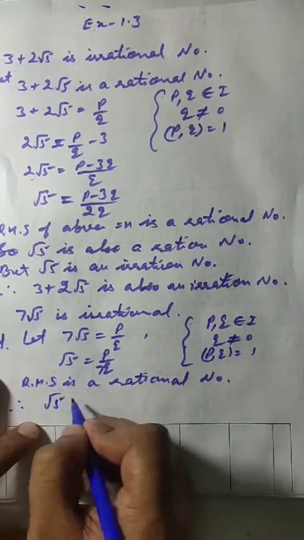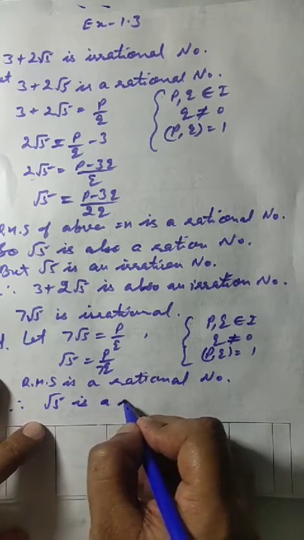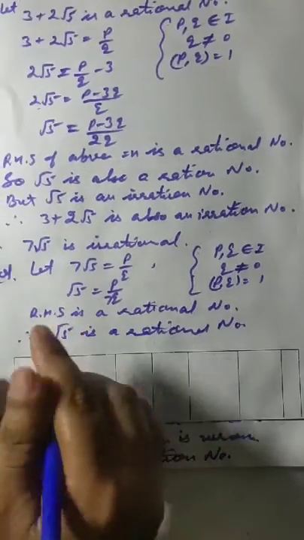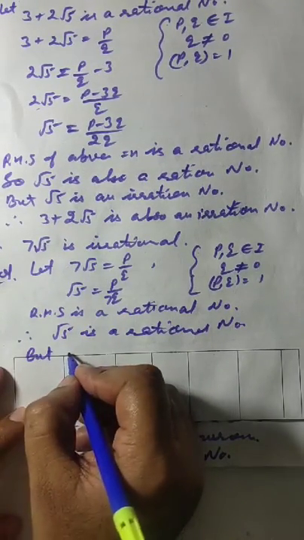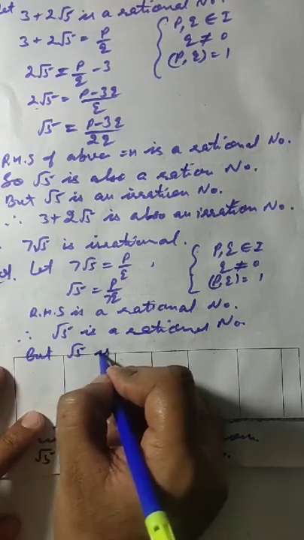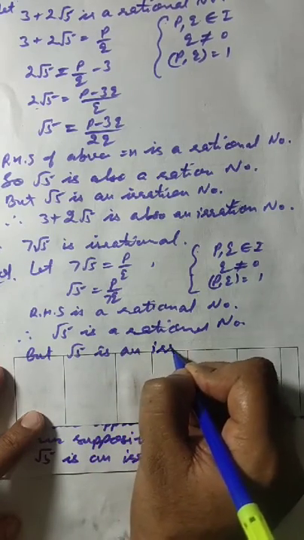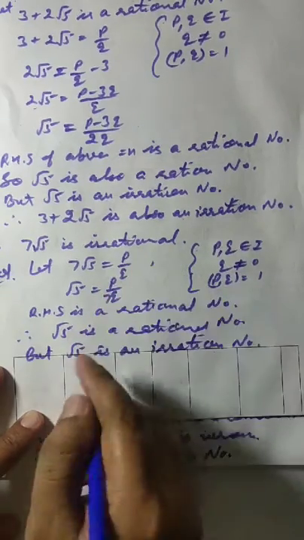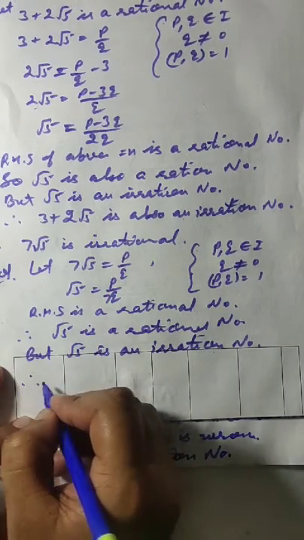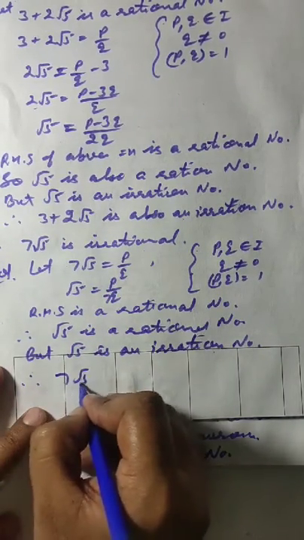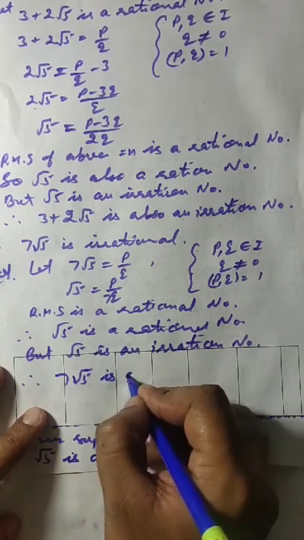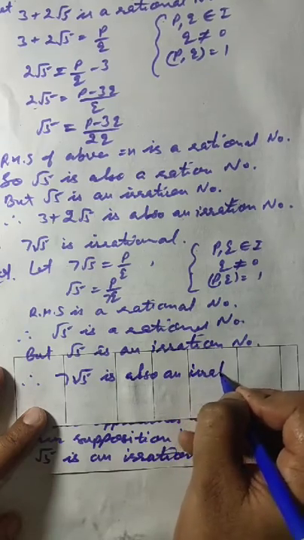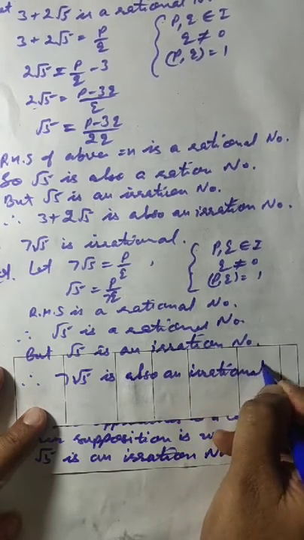Therefore the LHS is a rational number. But we know that we have proved root 5 is an irrational number. So again by reverse order, we conclude that 7 root 5 is also an irrational number.